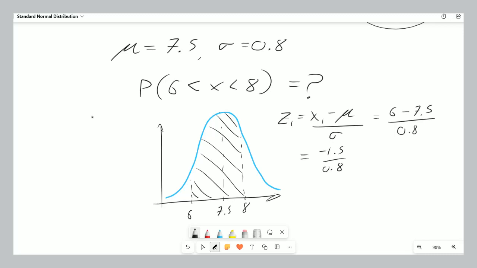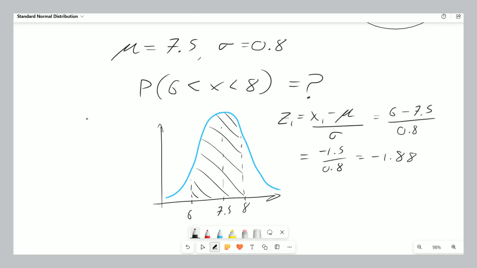And when we divide that by 0.8, that gives us a negative 1.875. Technically, we're going to round that to 1.88 just for the sake of this video, because the Z-table does give you up to 2 decimal places. So we'll go negative 1.88.